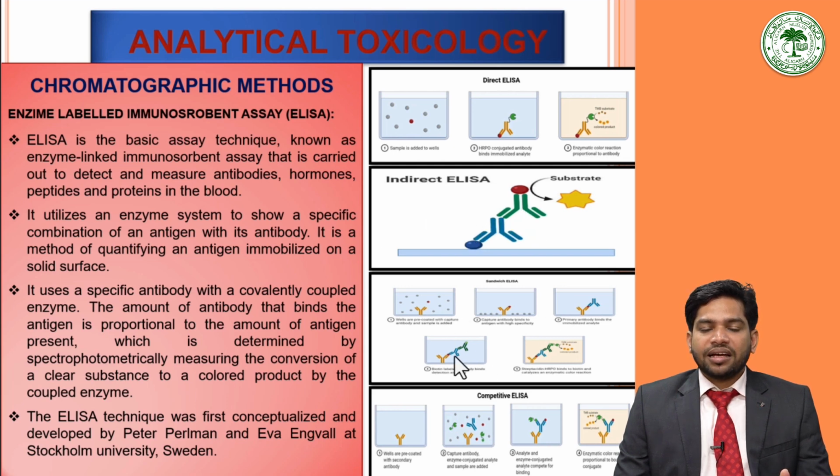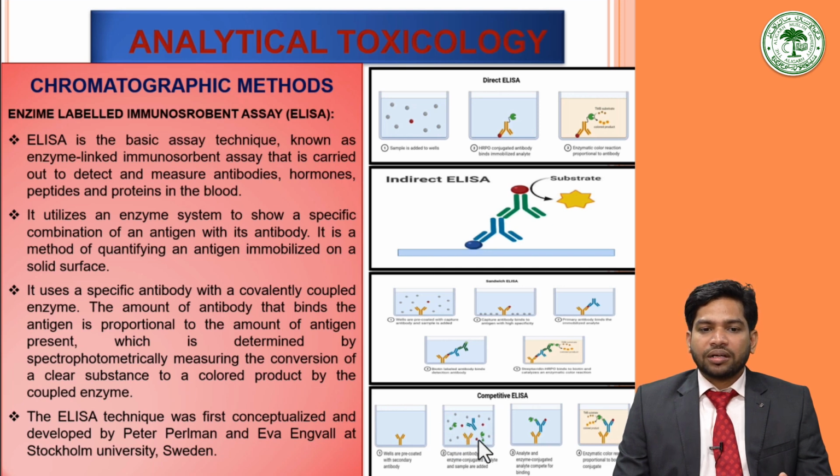Then the sandwich ELISA, as already discussed, here the prefixed plate is there. The antibody is fixed and the antigen will go and bind with that. Then the labeled antibody is added to it and that will be detected and give the quantification of the drug. Then the competitive ELISA, here the antibody is already fixed on the plate and the added labeled antigen will compete with the normal antigen for this antibody.